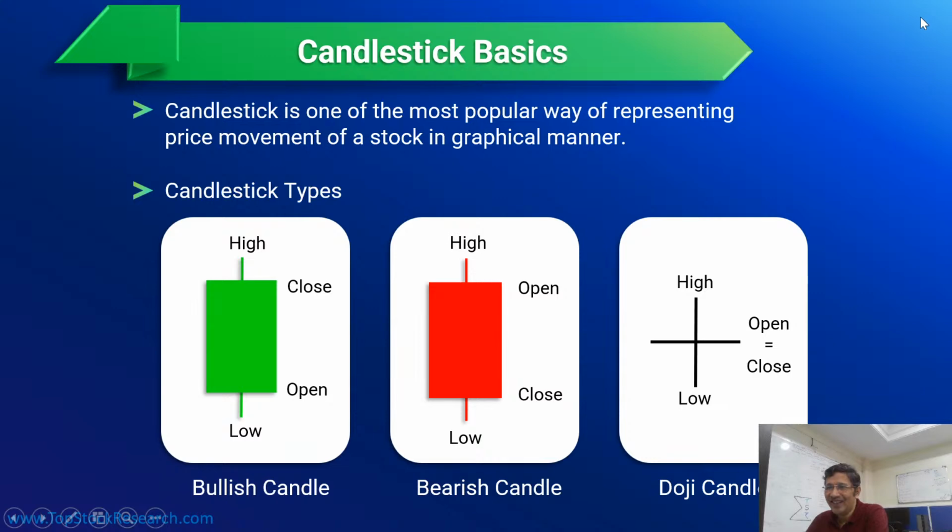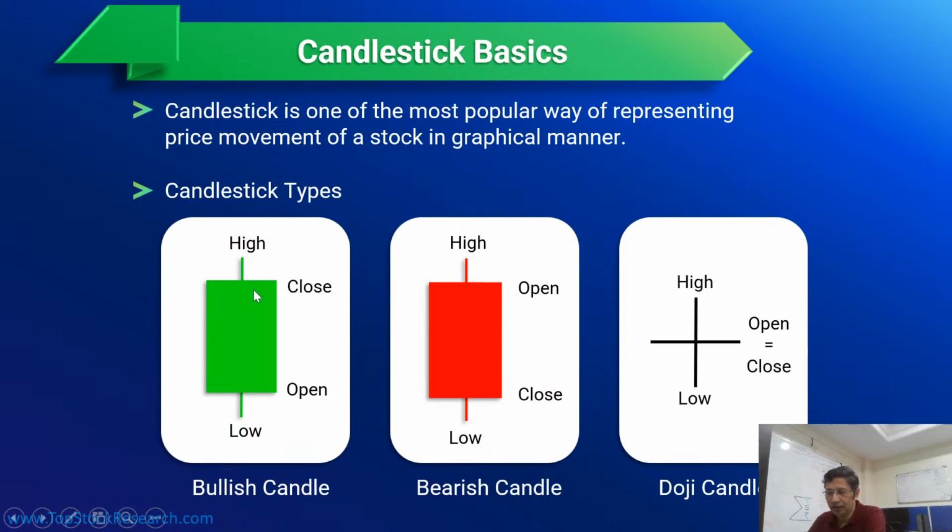Now let's try to understand how we make better sense of these candles. Think about this case. The market opened at this point, perhaps it has gone a little lower, so it opened almost near its low, and during the course of the market it went all the way up and closed at a higher point.